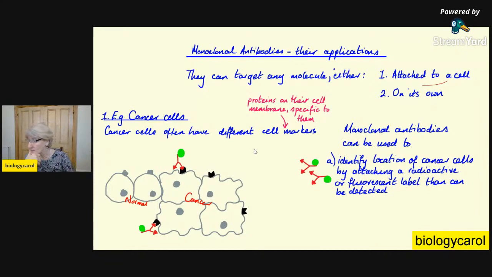I hope that helps. Munib, at A-level, do we need to worry about how MABs are made? Right, no, actually, you don't. You don't need to know that detail for AQA students because that was covered back at GCSE, and you wouldn't be expected to know that level of detail at A-level. So I would say, don't worry about that too much.